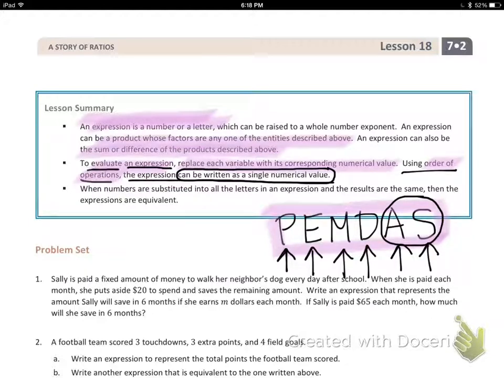The last point here is when numbers are substituted into all the letters in an expression and the results are the same, then the expressions are equivalent. We saw that in that last activity we did.